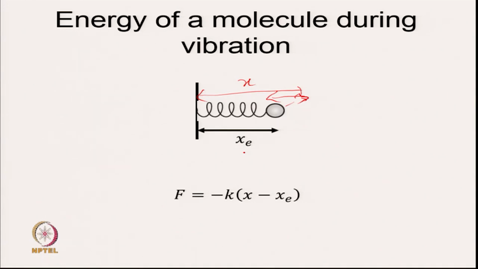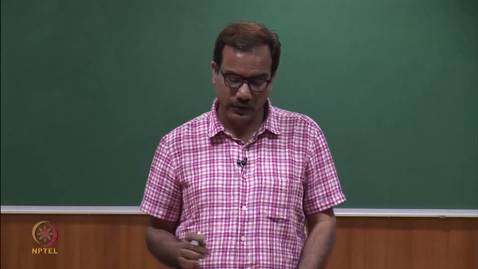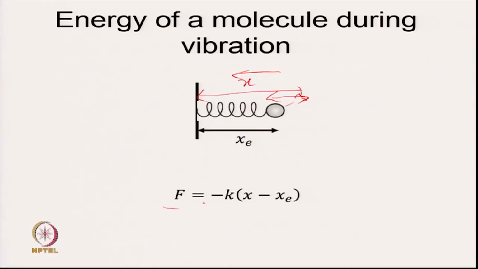If your displacement is towards the right-hand side, then a force will act just opposite to this. The force will act opposite to the direction of displacement, and that is why force is proportional to this displacement, and this negative sign tells you that the direction of displacement and force will be just opposite to each other.